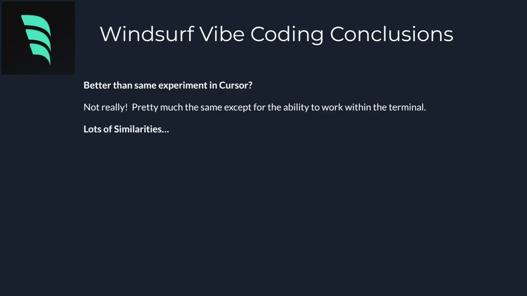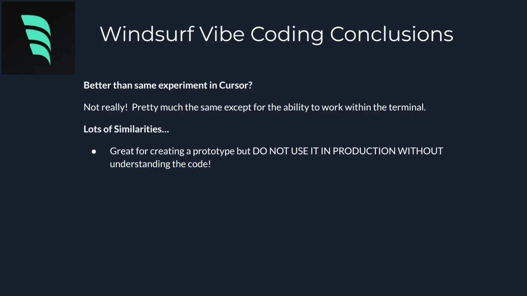There were a lot of similarities though. As I've been saying, it's great for creating a prototype, but I would not use this in production without understanding the code. Make sure that you are reviewing the code with each change. Do a security audit. Don't trust anything.